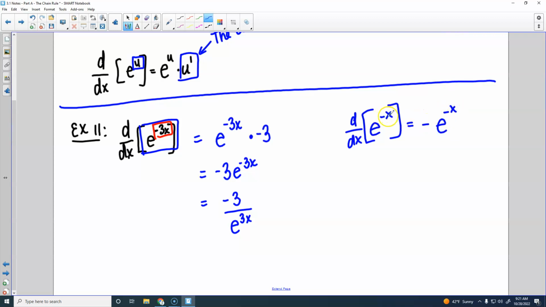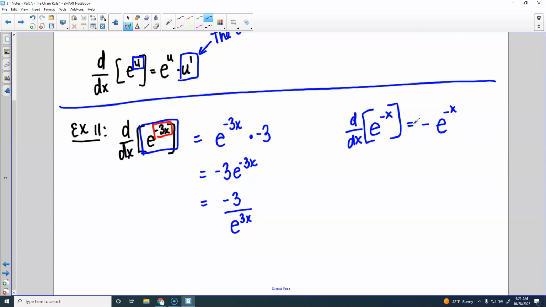But it's so subtle sometimes because the only thing that makes this not just a straight derivative is that negative right there. So you got to do e to the negative x, and then you got to multiply by the derivative of the negative x, which is where that negative out front comes from. So it's really pretty straightforward. It's just making sure that we do every piece of this.